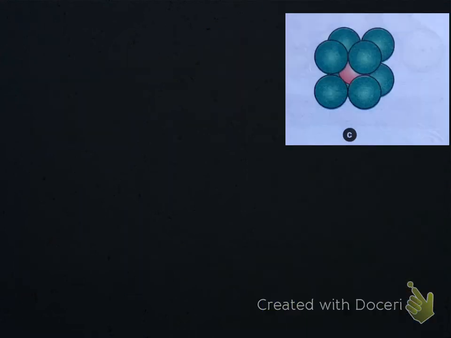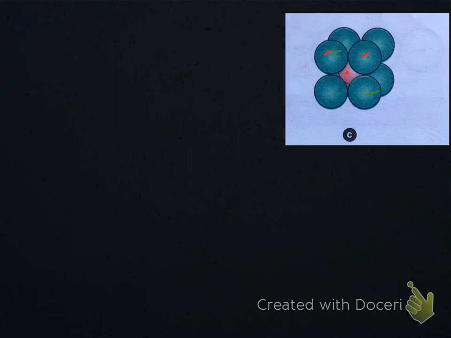Now lastly we are coming to BCC. In BCC you can see 4 particles, one, two, three, 4, and in the center of the body you can see a body centered particle.